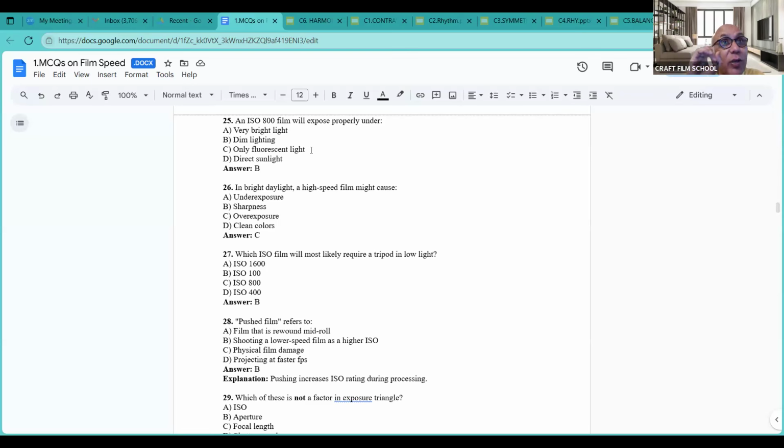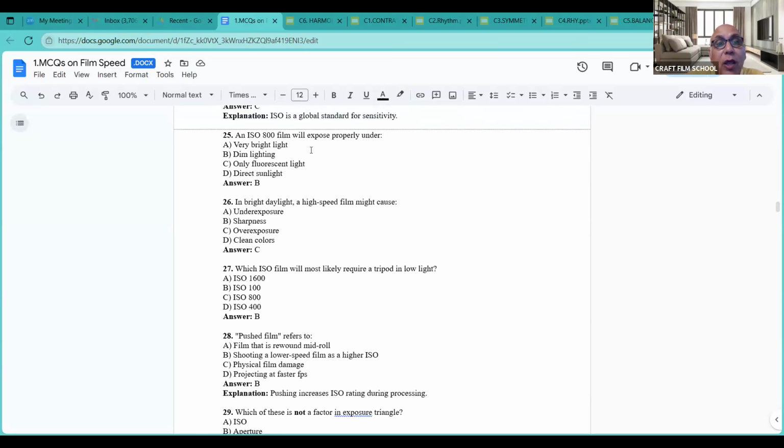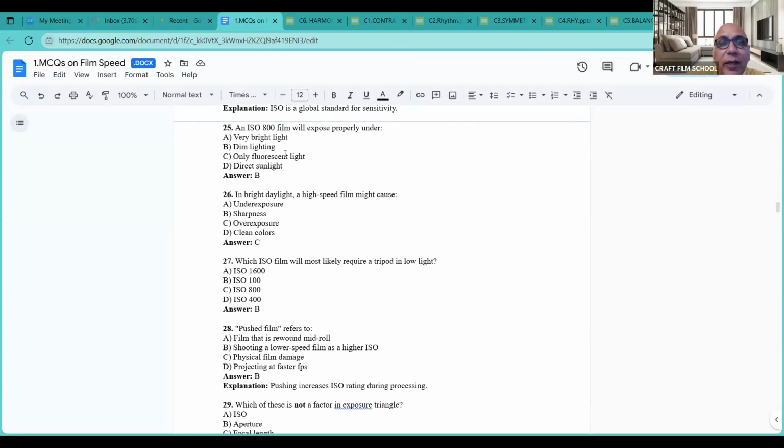So the answer has to be one only. If this question were an MSQ and he had said dim light, fluorescent light, yes, both are correct. But he has said only fluorescent light. No, I can use it anywhere I feel like. So this is the wrong option. The general condition is dim lighting. In dim lighting, I can use the ISO 800 film.